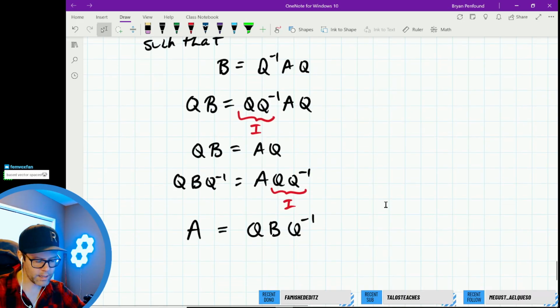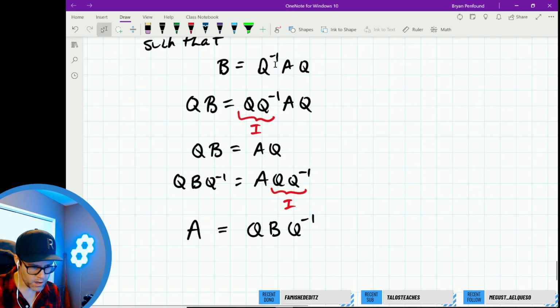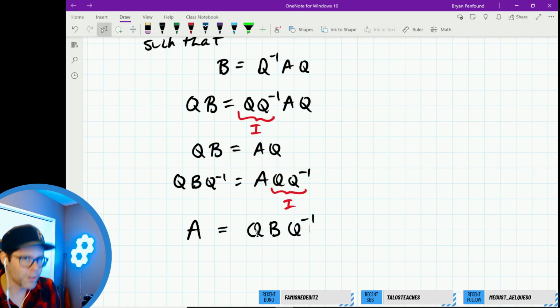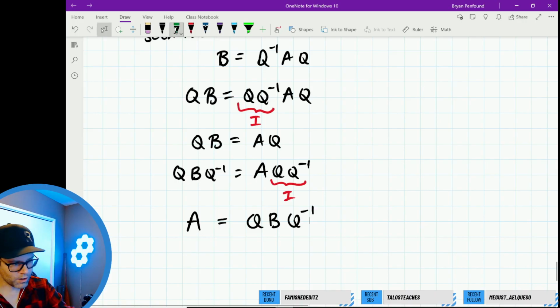Can we say now, is B similar to A? If we start with this relationship that A is similar to B, is it true that B is similar to A? Well, the answer is yes, because we have the existence of an invertible matrix that satisfies the equation that we want. We just have to take the inverse. So Q inverse is invertible.